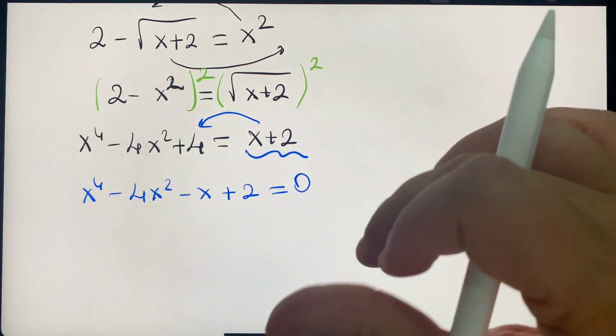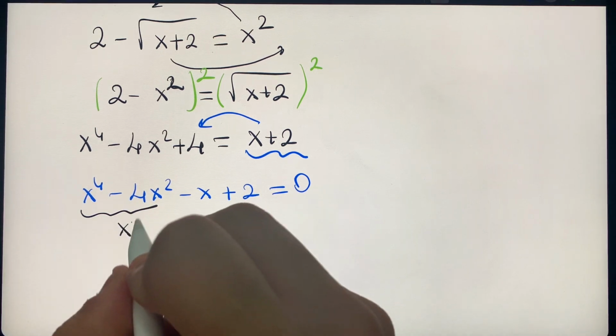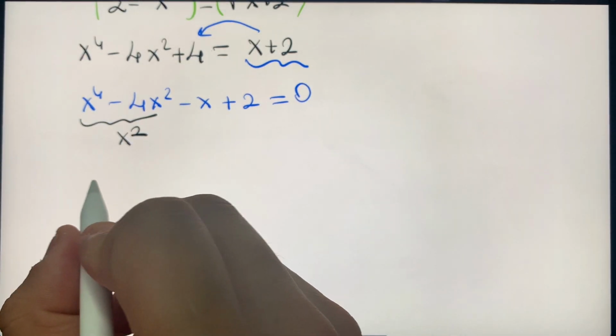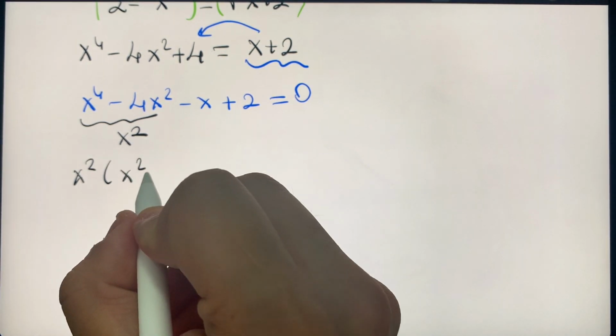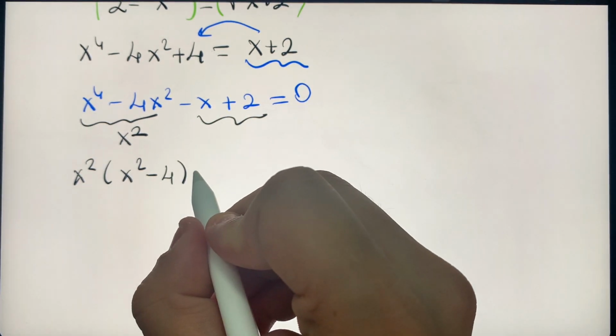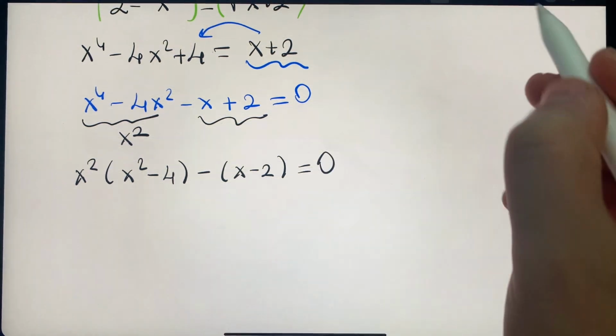Now what can I do next? Let's think a little. Look, if I take x squared in brackets out of this expression, x squared in brackets times x squared minus 4. And if I take this expression in one bracket, what will it become? X minus 2 is equal to 0.